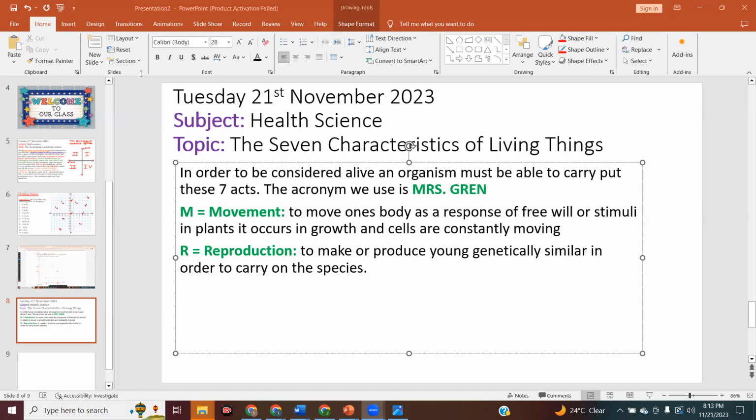Stop closing it so quick. I need to hear what you're saying. Reproduction. What do we mean by reproduction, Nevaeh? To make or produce young similar in order to carry on the species. Very good.